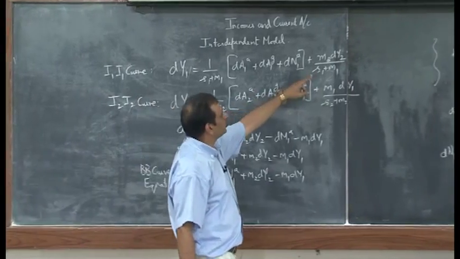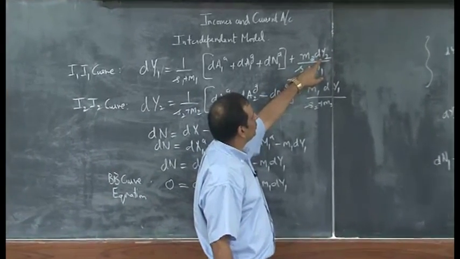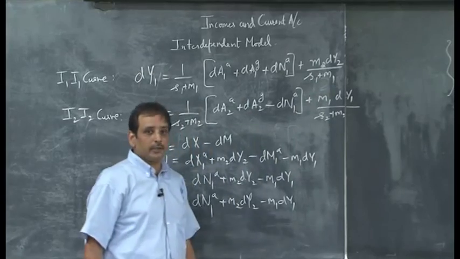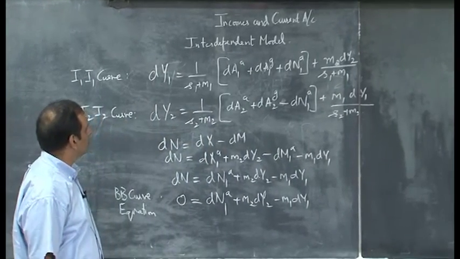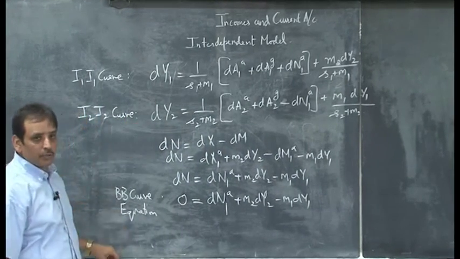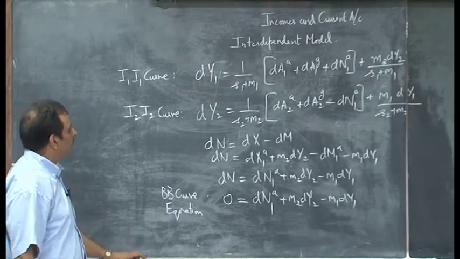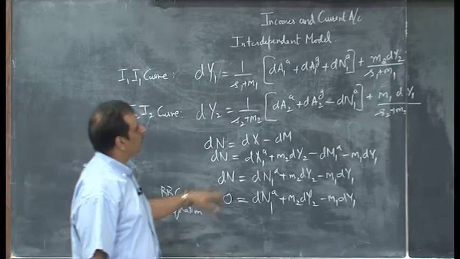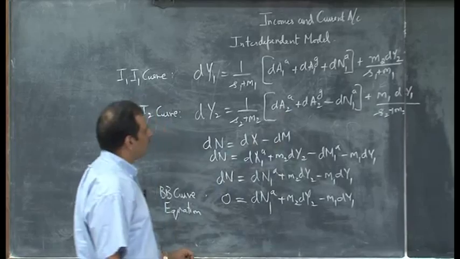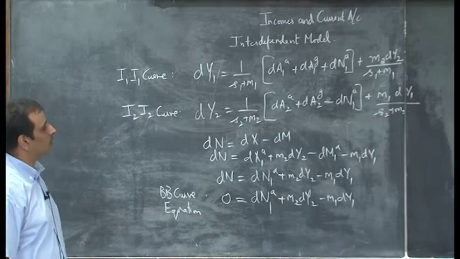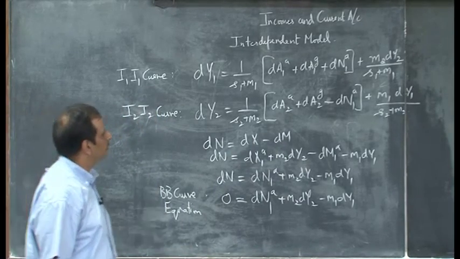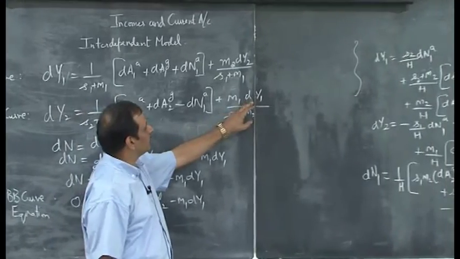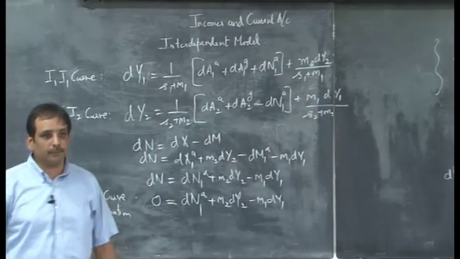And it's also a function of the changes in incomes in the second country. Similarly, dy2, the change in income in country 2, is a function of the expenditures, including the changes in net exports, and the changes in incomes in the first country.